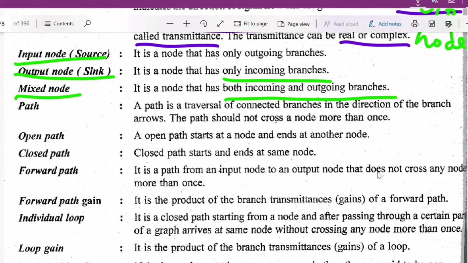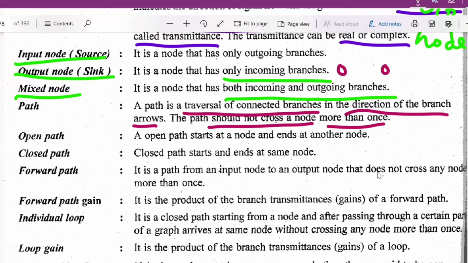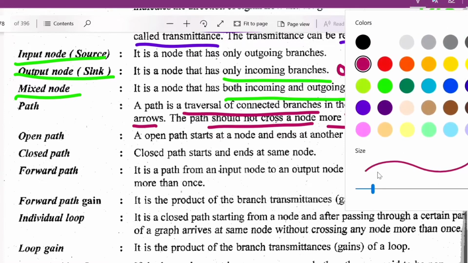Then path. See here, a path is a traversal of connected branches in the direction of the branch arrows. The path should not cross a node more than once. It's an important point. Keep it in our mind. See here, we have node 1, node 2, node 3 and a 4th node.